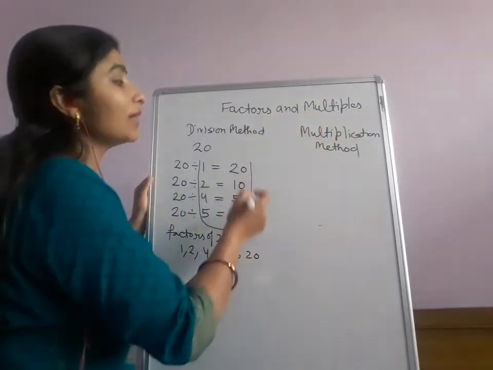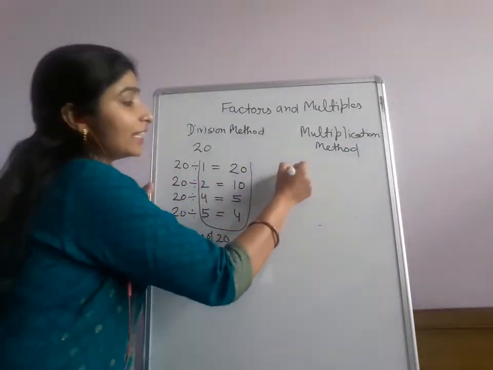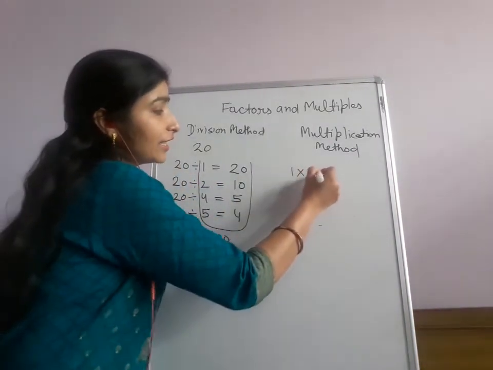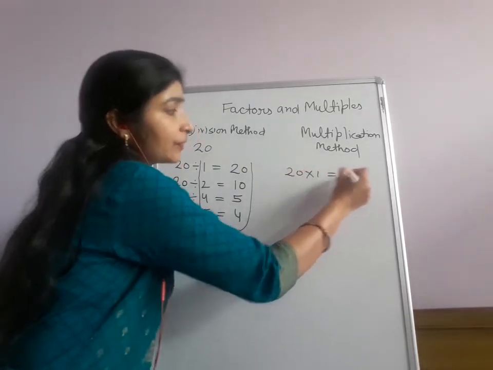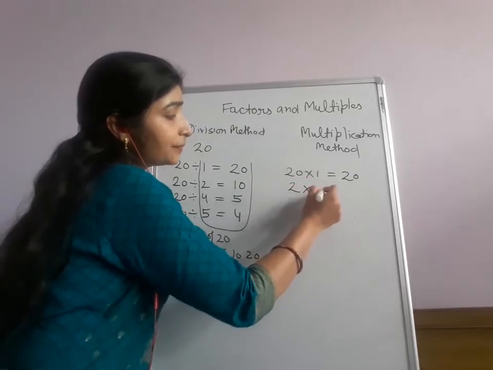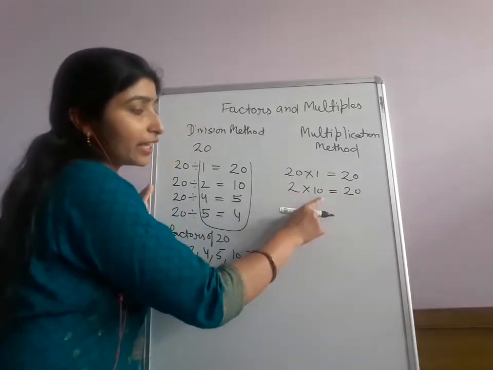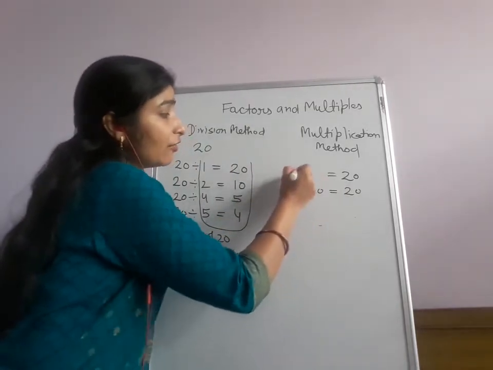Now we will do with multiplication. You can do reverse of it. Ki 1 is coming, 20 is coming in one table. You can do like this. 20 ones are 20. Now 2 tens are 20 in 2 table, also coming in 3 table. You will write in this way. 1 multiply.